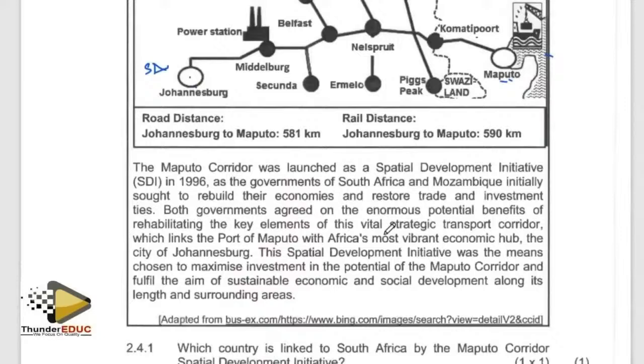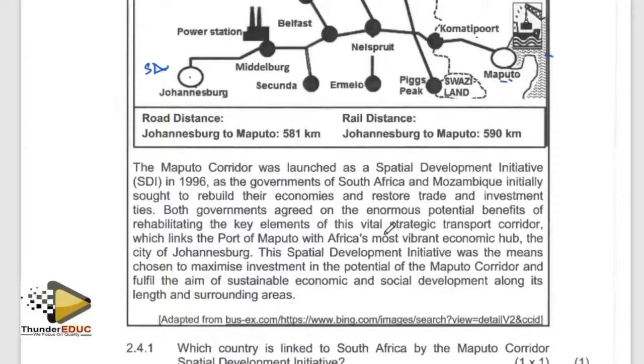If you're driving by road from Johannesburg to Maputo, it is 581 kilometers. If you're going by railway transport from Johannesburg to Maputo, it is 590 kilometers. The Maputo corridor was launched as a Spatial Development Initiative, SDI, in 1996, as the governments of South Africa and Mozambique sought to rebuild their economies and restore trade and investment ties.